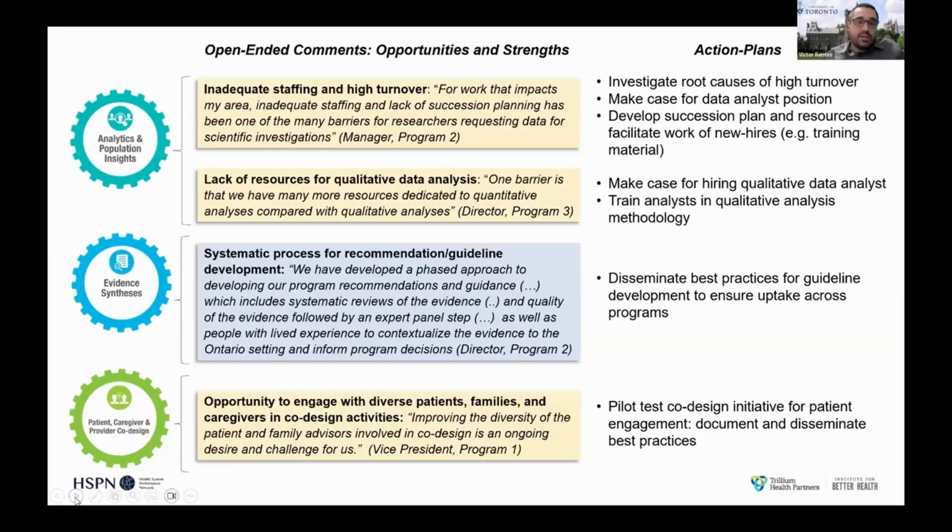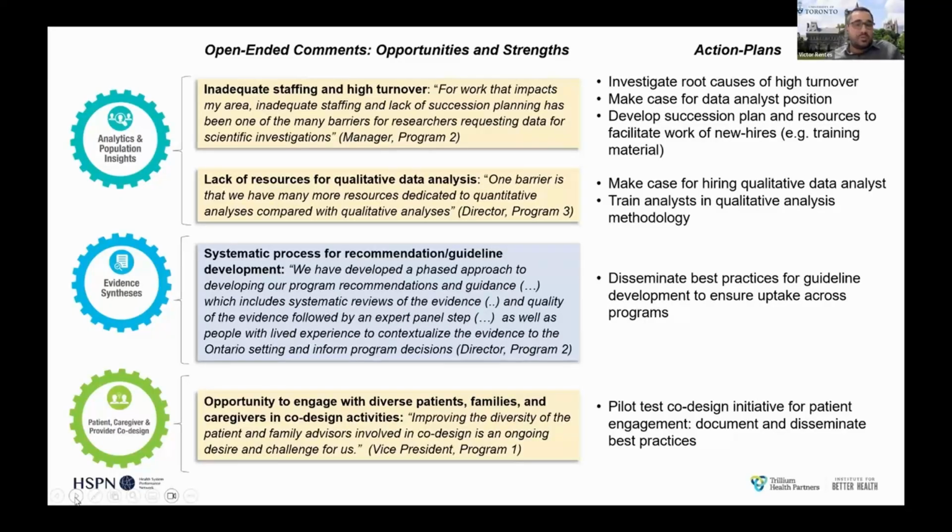So for example, for the analytics gear, participants highlighted inadequate staffing and high turnover. For example, one said, for work that impacts my area, inadequate staffing and lack of succession planning has been one of the many barriers for researchers requesting data for scientific investigation. So that's a people-related problem with analytics.